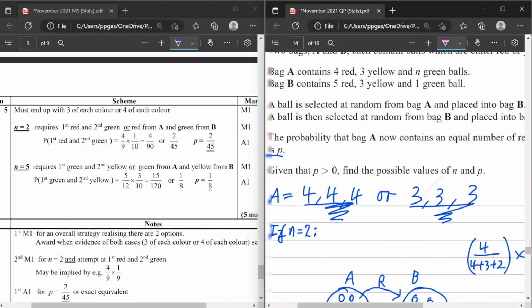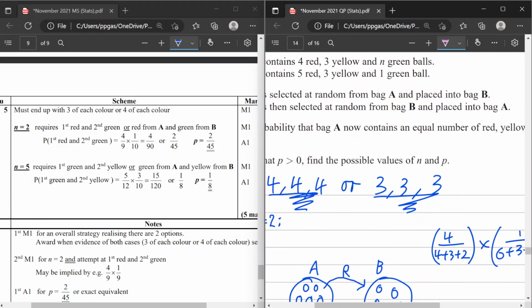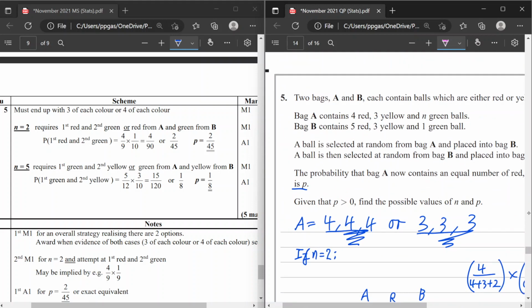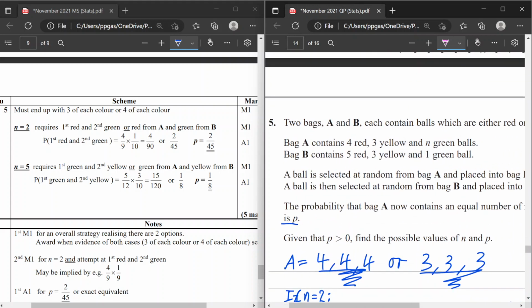So the only way of getting 3 red, 3 yellow, and 3 green is if n was equal to 2, because then you'd have 4 red, 3 yellow, and 2 green balls.